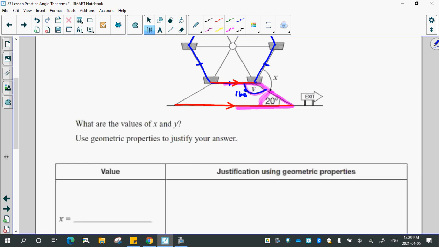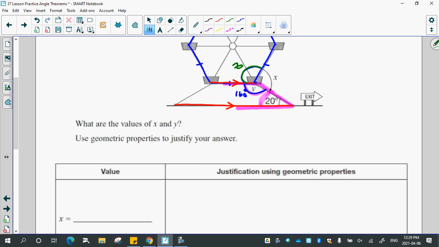Yeah? Right, so if I find that angle, oh, I want to do it in a different color. If I find that angle and call it Z, then all three angles would make a circle, so they add up to 360. You see that? So I have to find that interior angle Z.